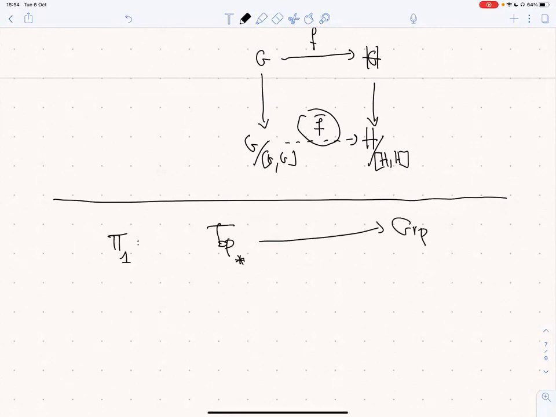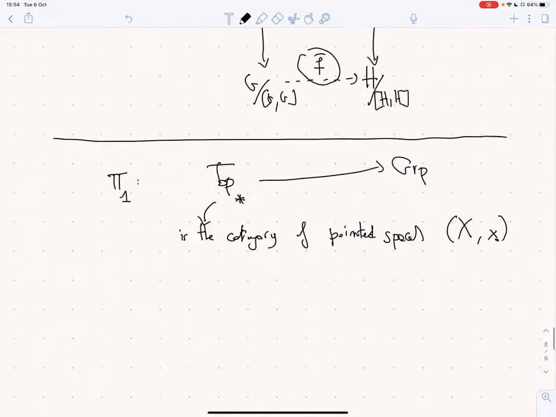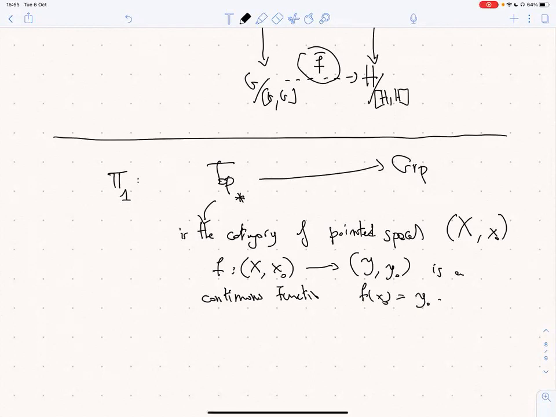Top star is the category of pointed spaces, which means that you have a space X together with x0, which is a point in X. And then a function between them is a continuous function such that f of x0 is y0, okay?